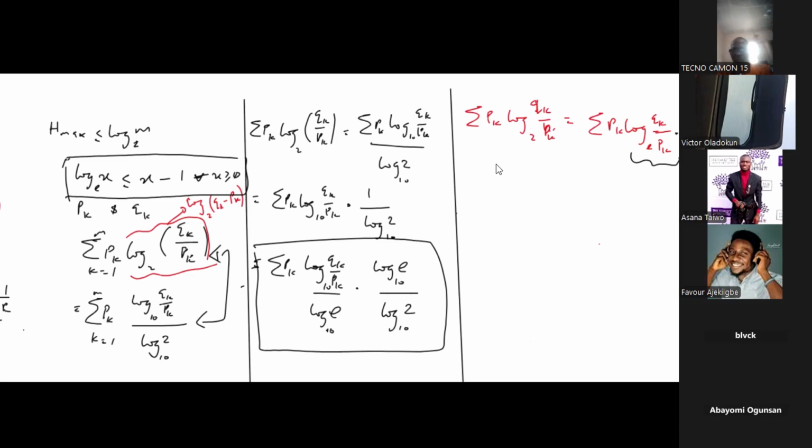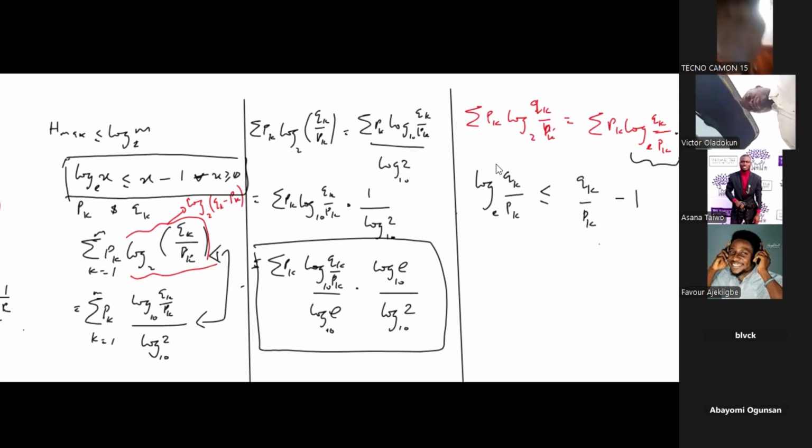So it means that log Q sub K over P sub K base E will be less than or equal to Q sub K over P sub K minus 1, by invoking the property of natural logarithm. Okay? So it means that we can now represent this expression by this expression. Is that clear?